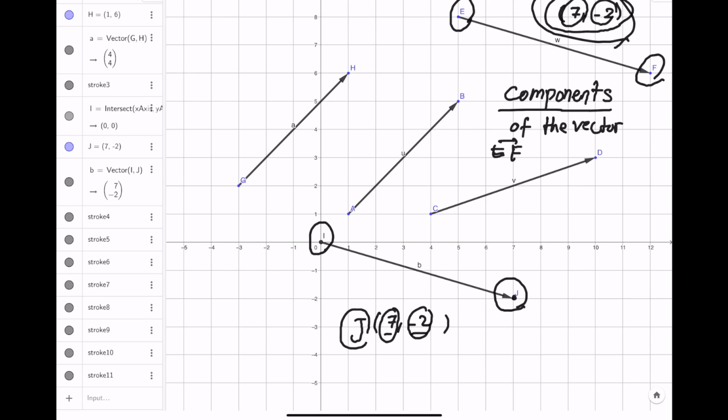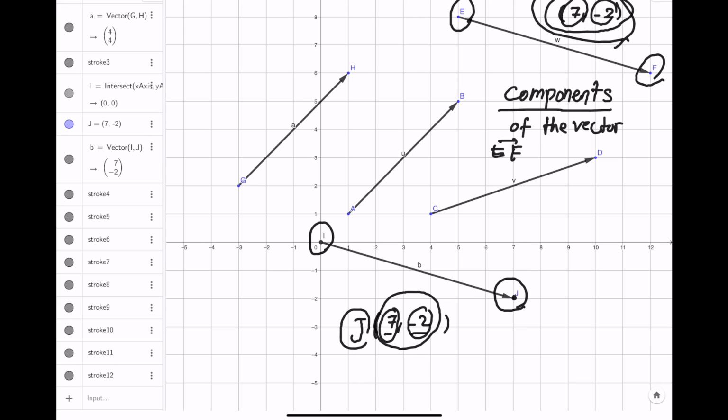Yes? So please appreciate the difference between these two words. If you are referring to these ordered numbers for a point, you call them coordinates. But if you are referring to those numbers for the vector, you call them components of a vector, not coordinates of the vector. Yes? Is that clear?